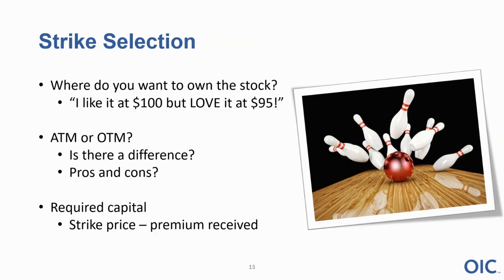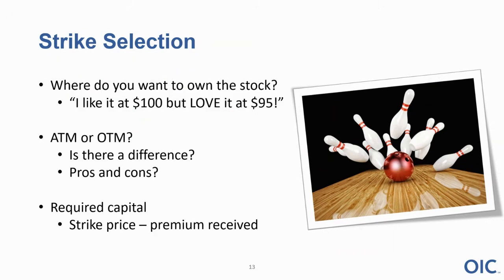If we sold a 95 strike put rather than the 100 strike put, and maybe we collected 50 cents for that put, now our trading firm would only require $9,450 to be deposited. So we've got less risk by selling an out-of-the-money put in that sense versus the at-the-money put. So just another thing to think about when choosing the strike selection.